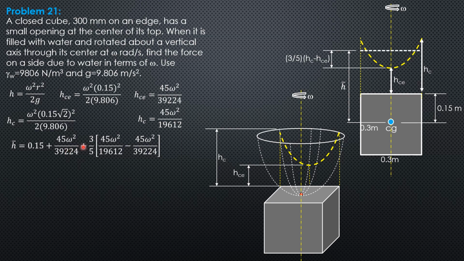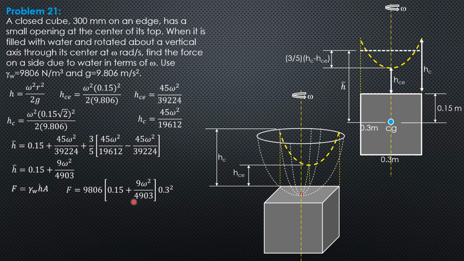So combining these like terms here, H bar is 0.15 plus 9 omega square over 4903. Then substitute into the formula, force on the side equals specific weight of water, H bar, area, where area is 0.3 square, 0.3 by 0.3. So 9806 times 0.15 plus 9 omega square over 4903 times 0.3 square in newtons.